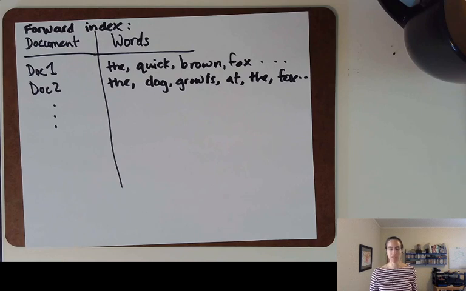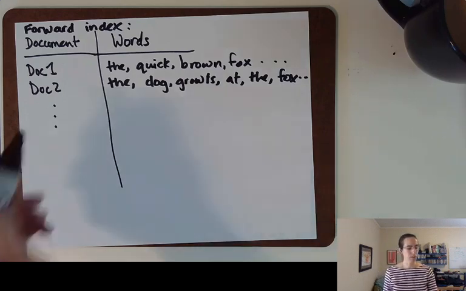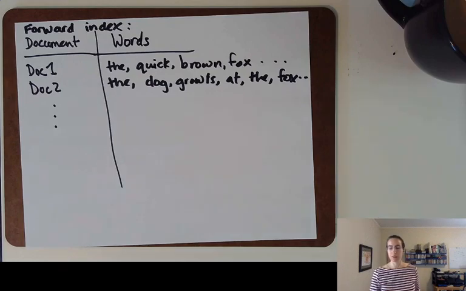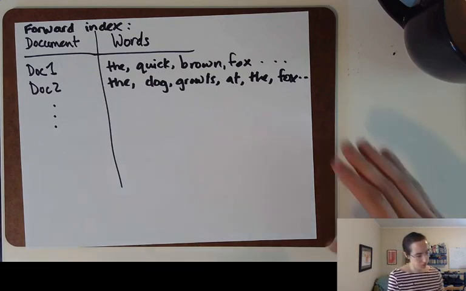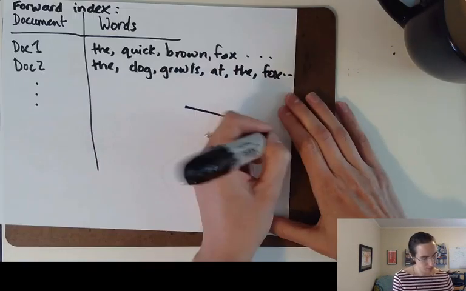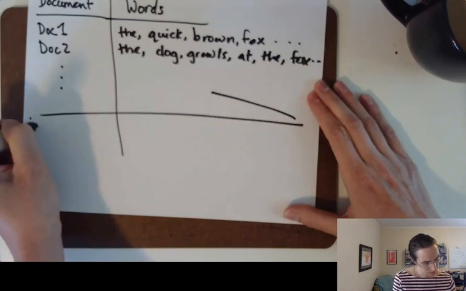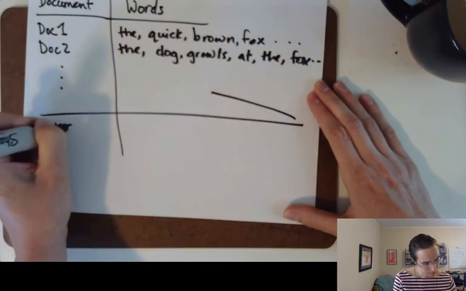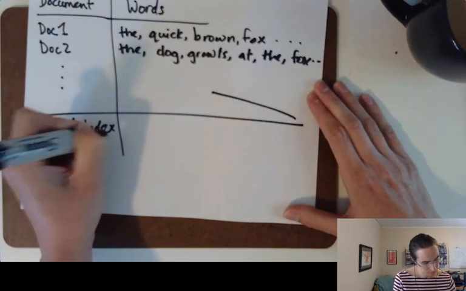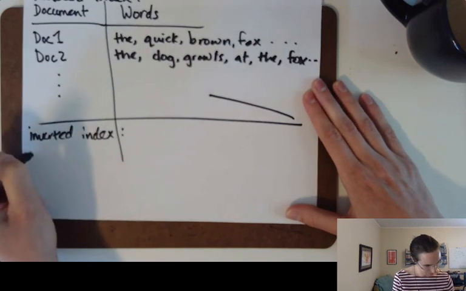You also build an inverted index, which is an inversion of the forward index. So instead of having a list of documents and for every document a list of the words in it, an inverted index is a list of words.